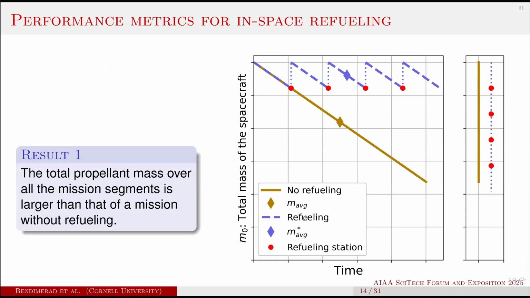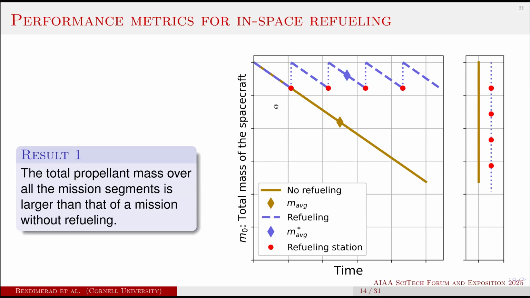This can be understood by seeing this figure here. In the yellow case, we have no refueling. So the mass of the spacecraft just decreases with time since the propellant is consumed.